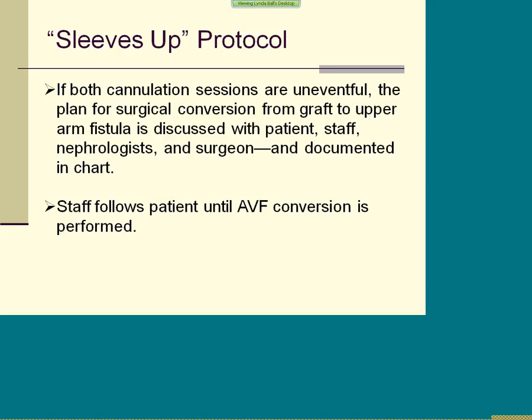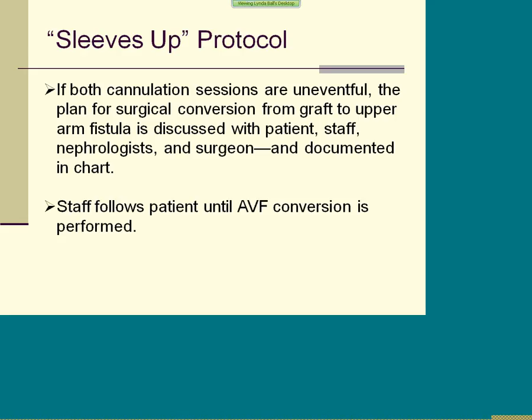So if both treatments are successful, the next step is, when do we convert that graft to that upper arm fistula? We have to have the surgeon, the patient, the staff, and the nephrologist. We need to talk about when we're going to take the artery and attach it right to that upper arm vein and let that graft go.